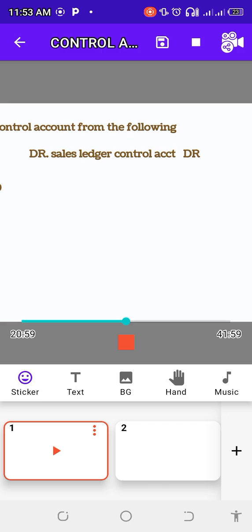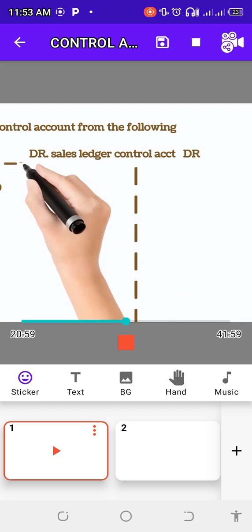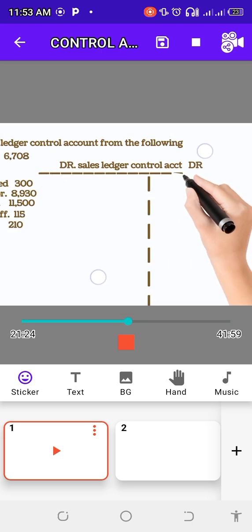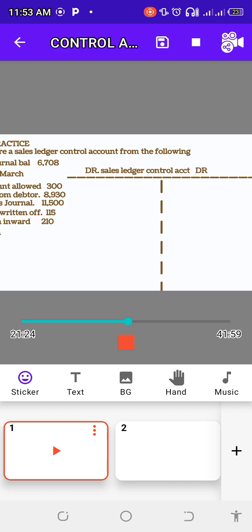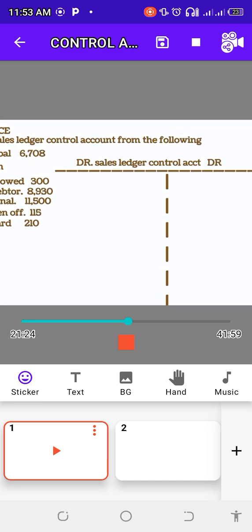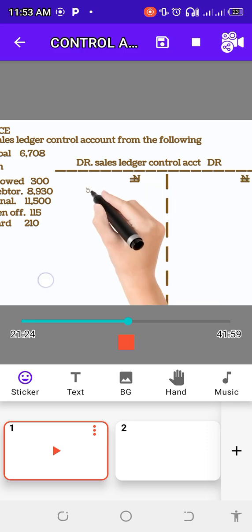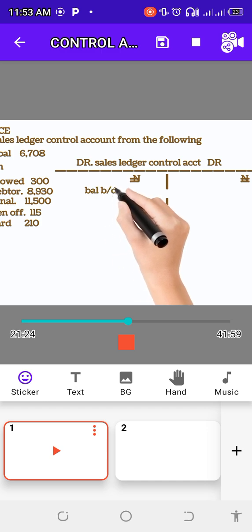Now it's an asset account, debit and credit. Everything that will increase it will be by the debit side. Anything that will reduce it will be by what? The credit side. Now the first thing that will come by the debit side is the balance brought down, 6,708.